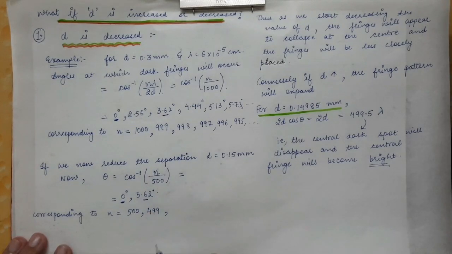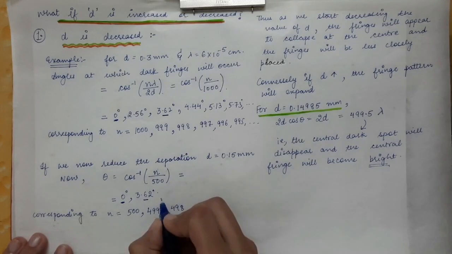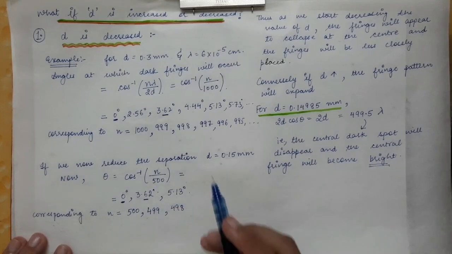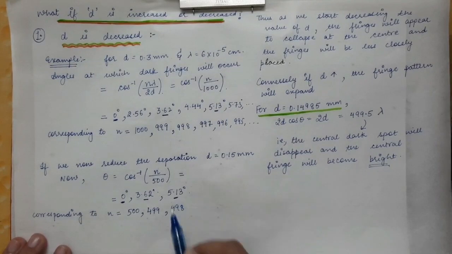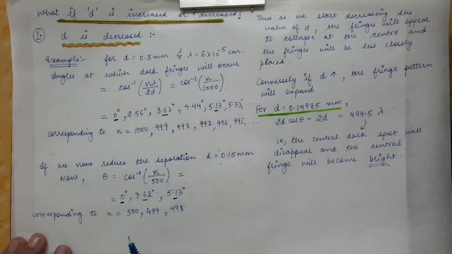Now when you put n equal to 498, the angle will be 5.13 degrees. This was the fourth dark fringe over here, so the fourth dark fringe has become the second dark fringe in the second case.